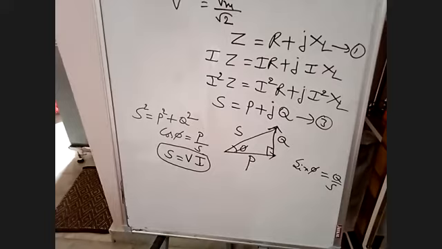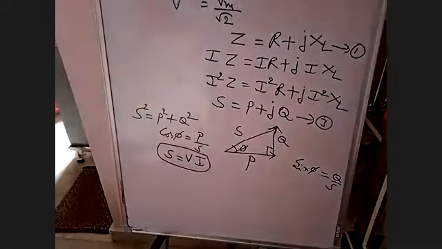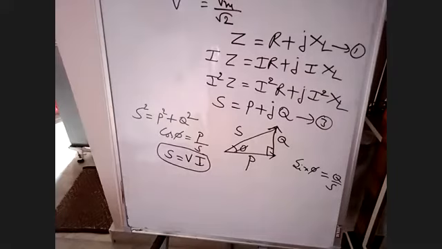While calculating power, any power, whether it is total power, apparent power or reactive power, take only RMS values. So while calculating, we won't take instantaneous values and peak values.